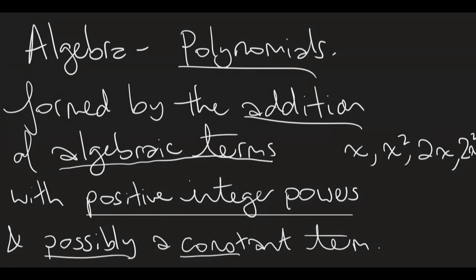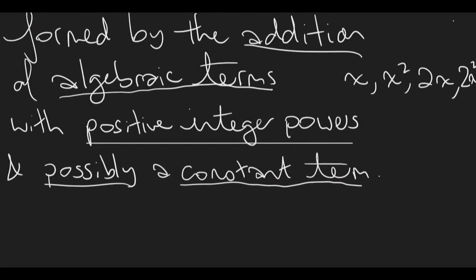Possibly a constant term. So it doesn't necessarily need a constant to be a polynomial, but if it has a constant, it can still be a polynomial. So this might all seem a little bit abstract, so we'll just take a look at some examples to see what are and what are not polynomials.